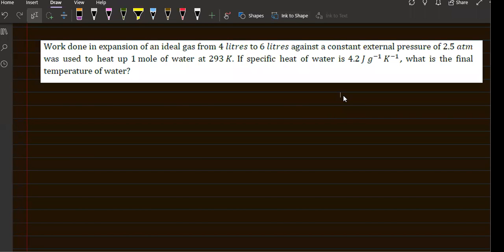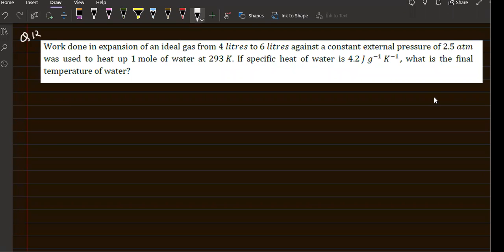Okay, so this is question number 12. Yes, Karishma, initial state and final state are same in a cyclic process. Very good. So work done in expansion of ideal gas, right?